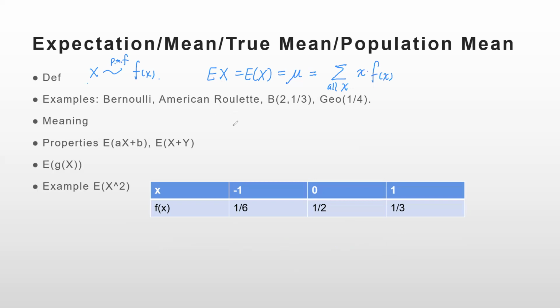So Bernoulli, what does Bernoulli mean? A Bernoulli random variable means that the random variable takes values 0 and 1, like a coin tossing problem. All the random experiments that have 2 outcomes, we can put them into this category, Bernoulli.